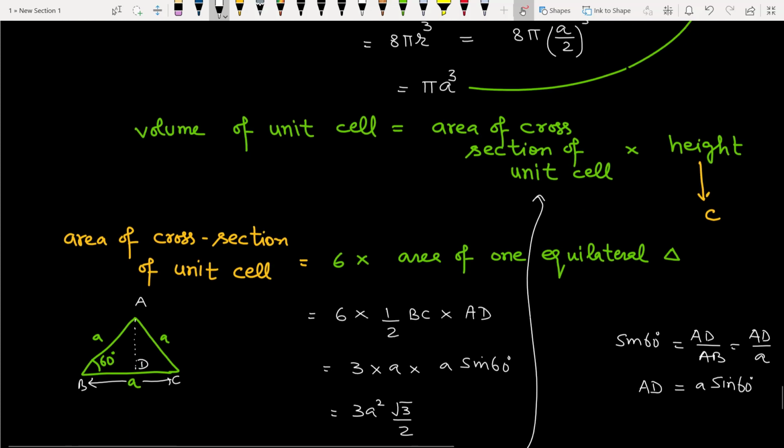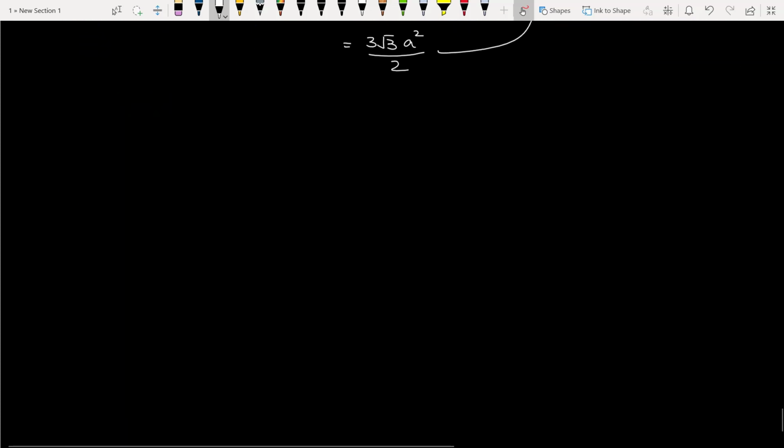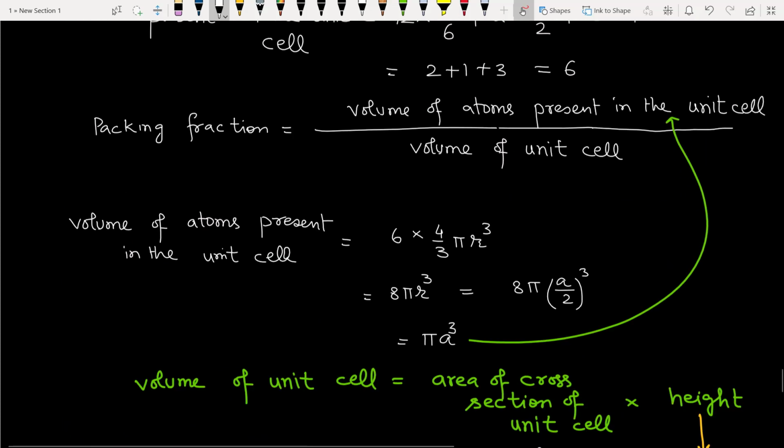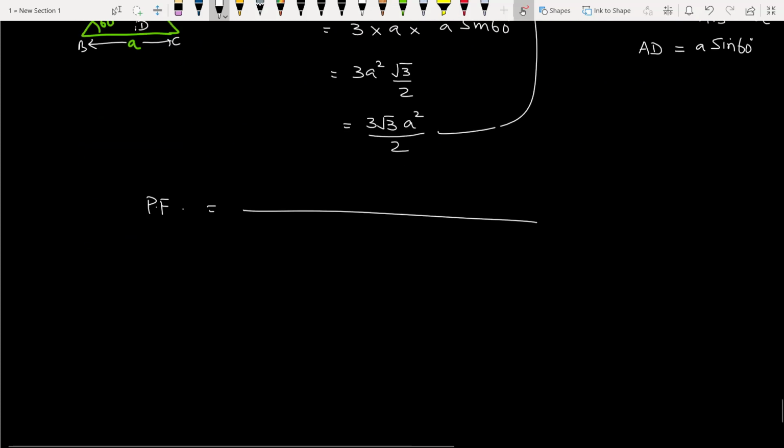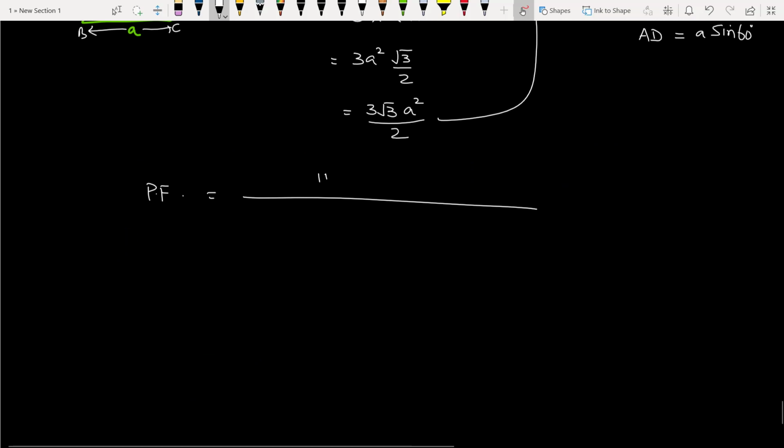So we can substitute this value here, and packing fraction can be found as follows. In the denominator we use volume of atoms, it is pi a cube. It is 3 root 3 A square by 2 into height. So this cancels, A is left.